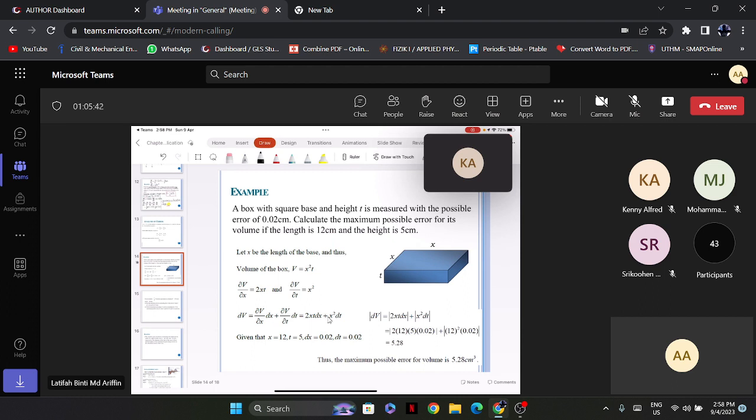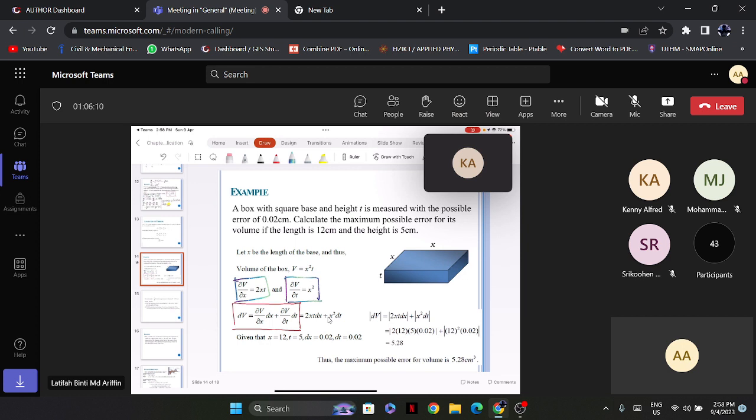Okay, kita nak dapatkan dV. So dV is equal to del V over del x dx plus del V over del t dt. Gantikan ke dalam formula.